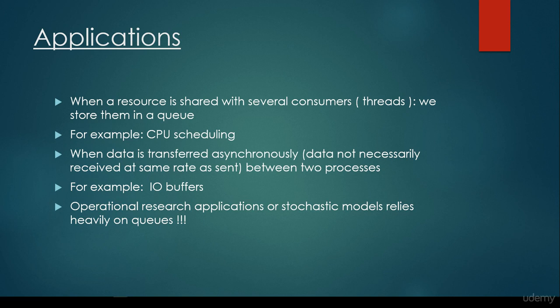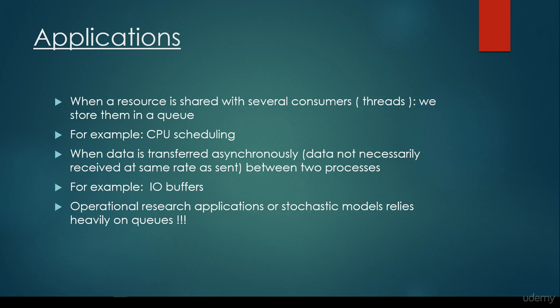There are several applications for the queue abstract data type, for example in several graph algorithms. But for example, when a resource is shared with several consumers, we can represent it with the help of threads in programming, then we store them in a queue abstract data type.